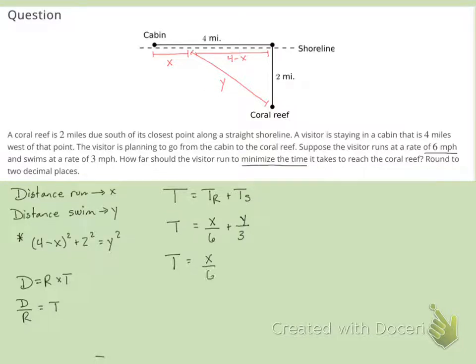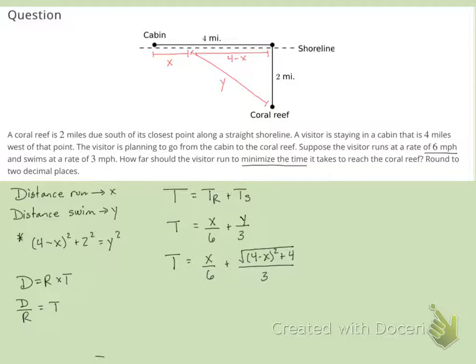We've got X over 6, and then Y, if I take the square root of both sides, is going to be the square root of (4 minus X) squared plus 4, all over 3. So we want to minimize this time, so we need to find a critical value, which means we need to take the derivative of this and set it equal to 0 and solve for x.